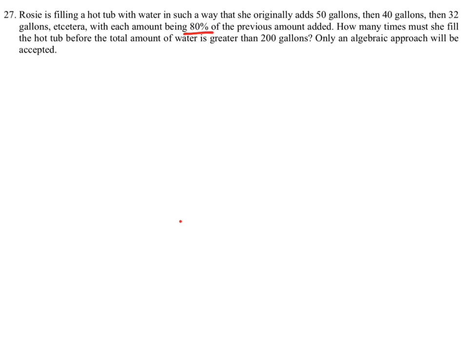Number 27. So here we have, when you read it, each bucket has only 80% of the previous amount. So that means here r is equal to 0.8. And we are looking for total. That means we are looking for the sum has to be greater than 200.